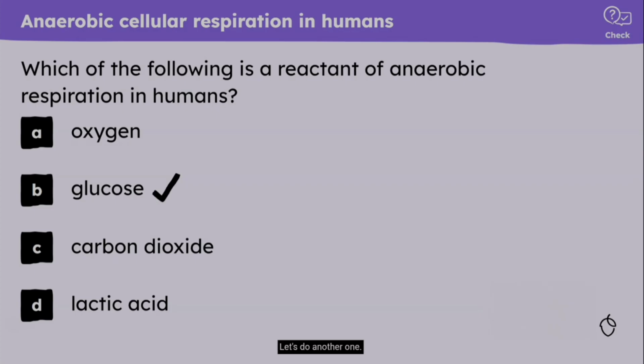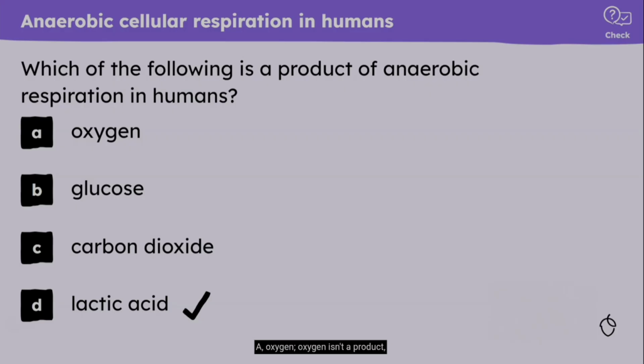Let's do another one. Which of the following is a product of anaerobic cellular respiration in humans? Again, take 5 seconds or click pause if you want a bit more thinking time. Click play when you're ready to see the answer. It is D, lactic acid. But let's look at the other answers.